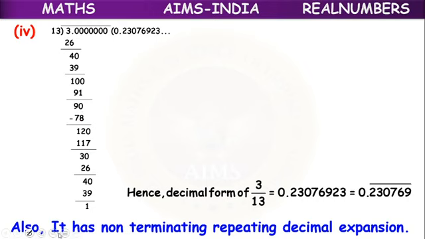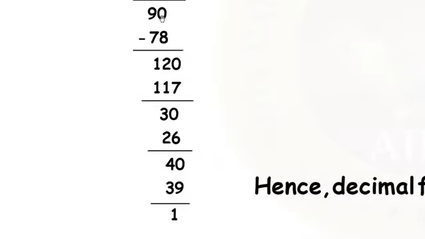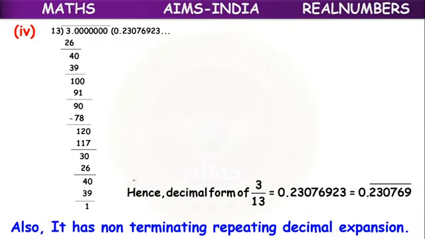So like that, if we go on dividing, 13 6s are 78, 120. Again 13 9s are 117. Again 30, 13 2s are 26. Again 40, 13 3s are 39. So like this, the decimal expansion of 3 by 13 is 0.230769, again 23 and so on.